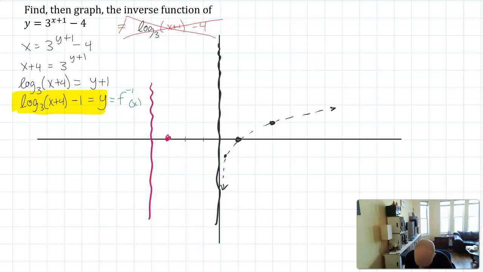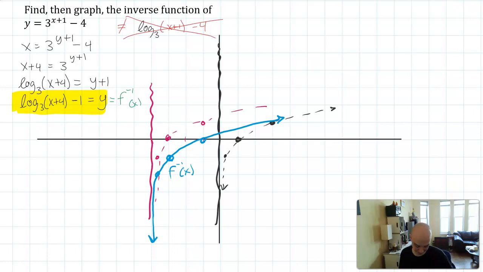New relationships between the points. And then we shift everything down 1. And that would be our graph of f inverse of x for the original function.